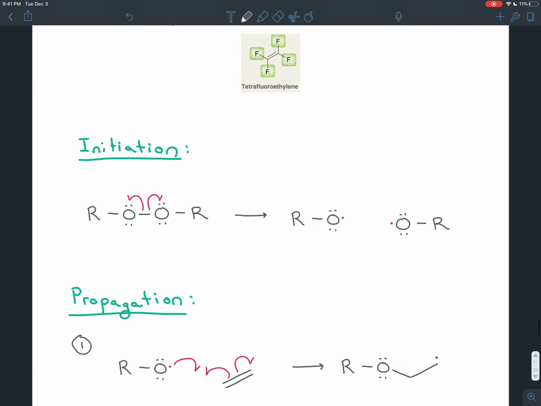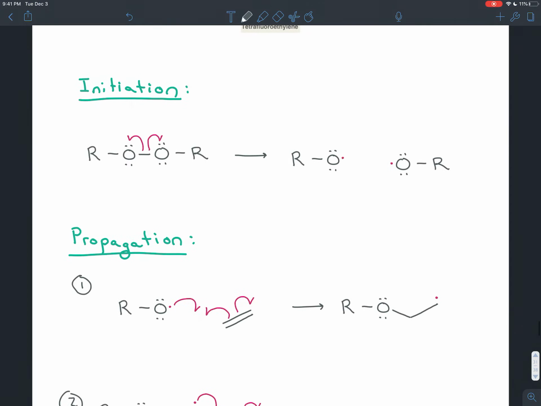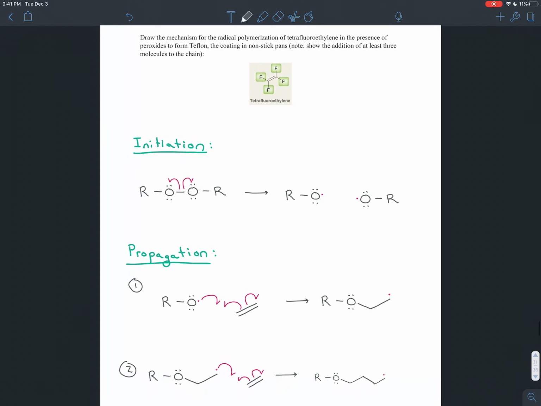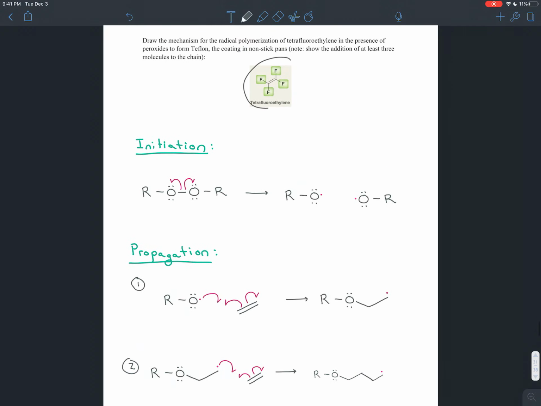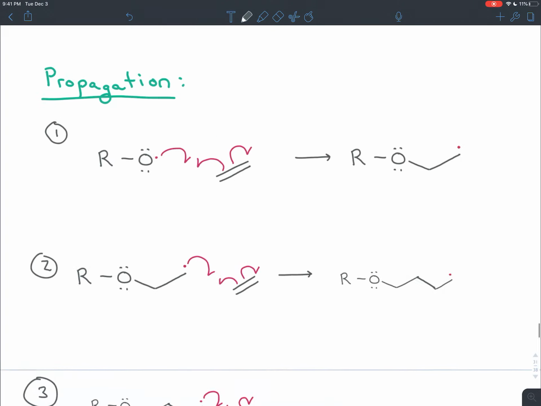Radical reactions have three parts, a beginning, a middle, and an end, and those are called the initiation, propagation, and termination steps. In the initiation step, the peroxide is heated and cracks open through homolytic cleavage to create two radicals. In the propagation step, that radical starts to add to these molecules.